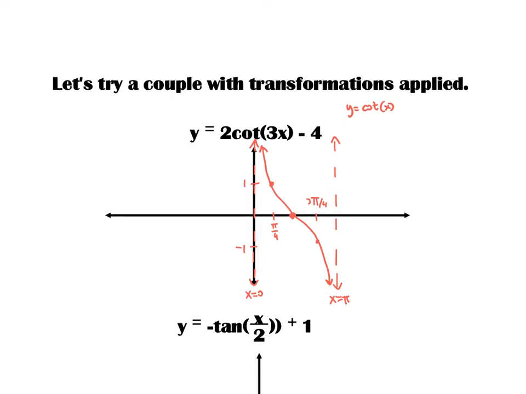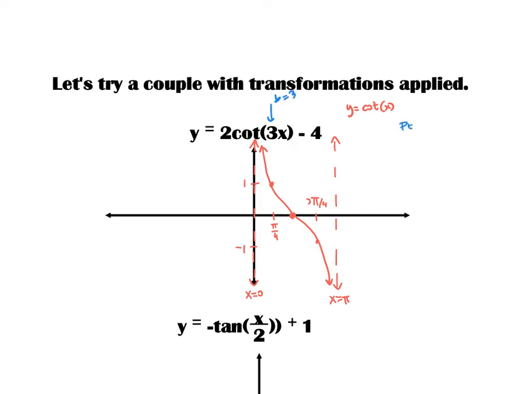Now, what I'm going to do is my horizontal transformation first. Then I'm going to do my vertical transformation, specifically the stretch, and then I'm going to shift the function down 4 units. So let's work with this value for b. 3 is equal to b.